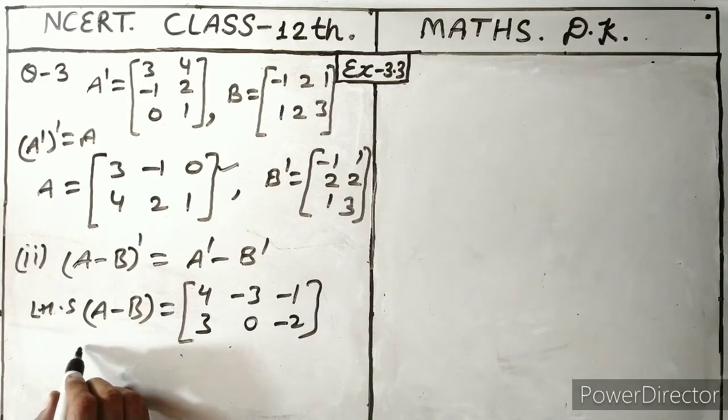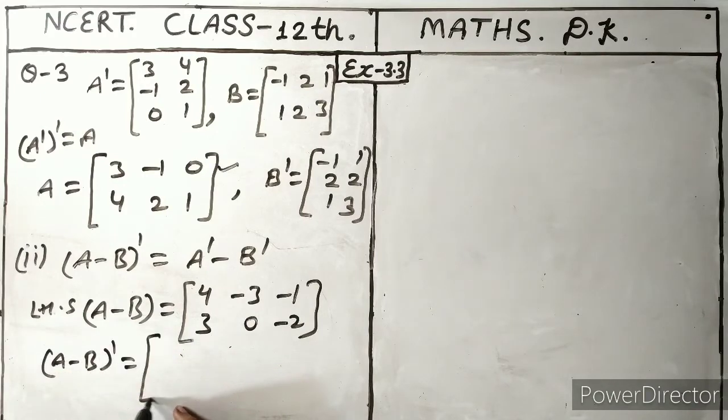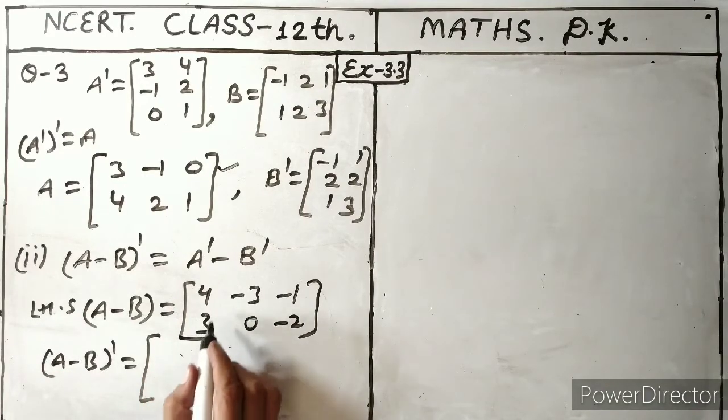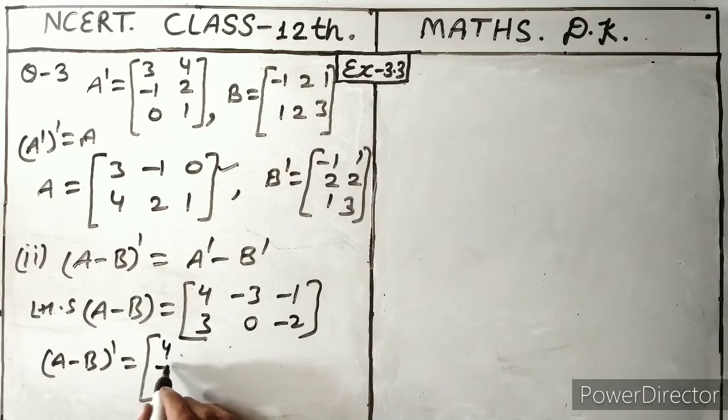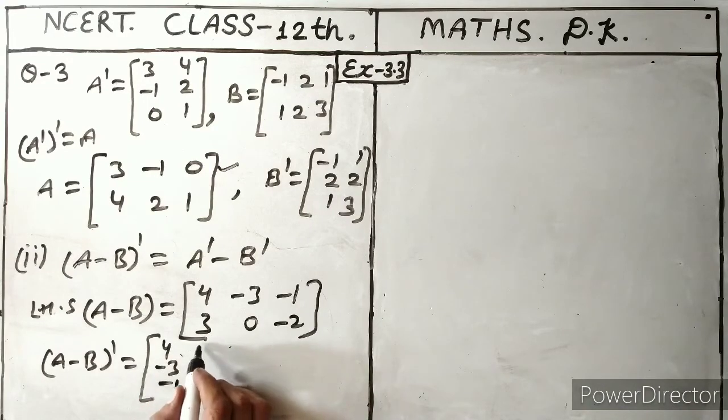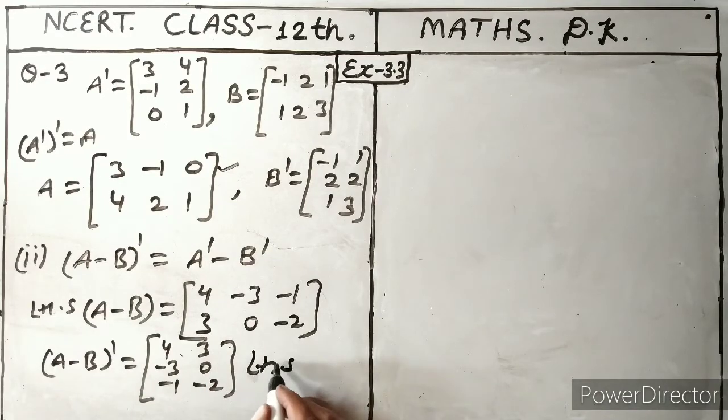And now we calculate (A minus B) transpose, and here the transpose is 4 minus 3 minus 1 3 0 minus 2, the left hand side.